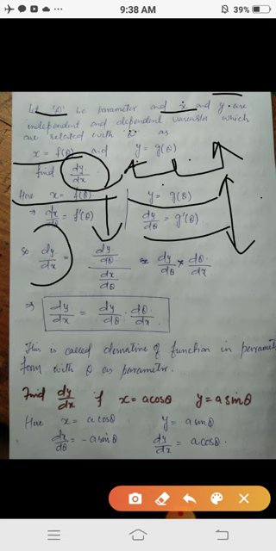Now we have to find dy by dx. Now dy by dx is dy by d theta divided by dx by d theta. By cancelling d theta we simply get dy by dx, or this equals dy by d theta into d theta by dx. Hence its derivative is dy by dx equals dy by d theta into d theta by dx.